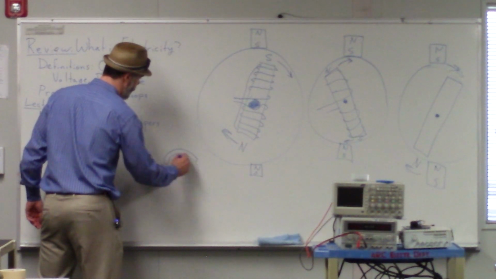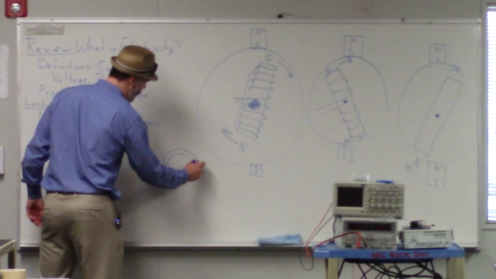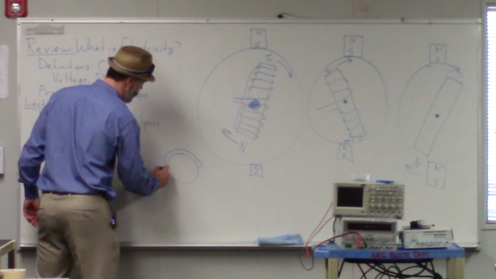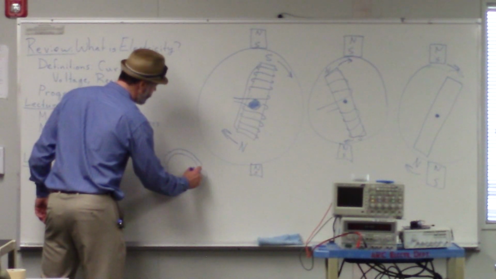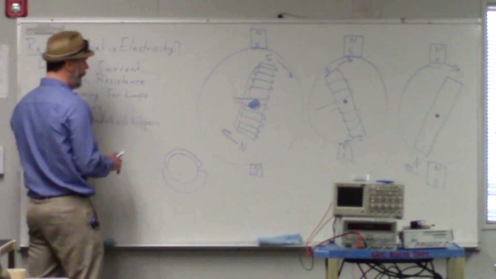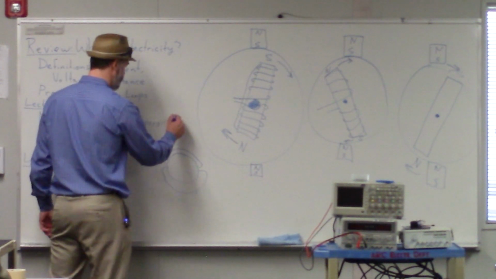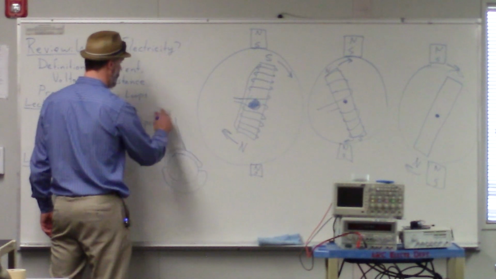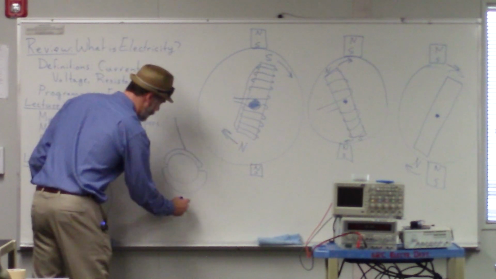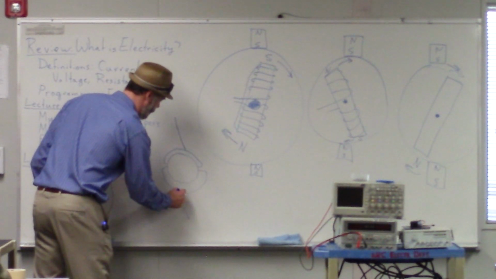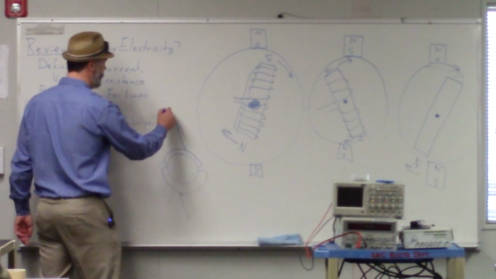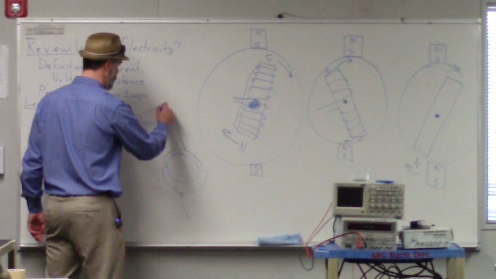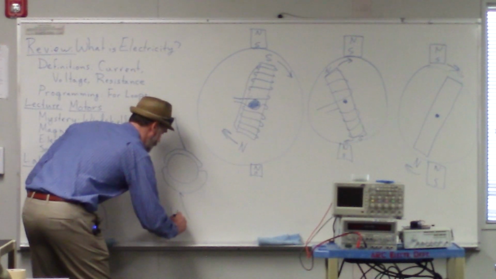So it might be something like that. That would be one connection, and then that would be the other connection. And there are these little attachments that bring power to the shaft. So like this would be the positive voltage, and then this would be a negative voltage.